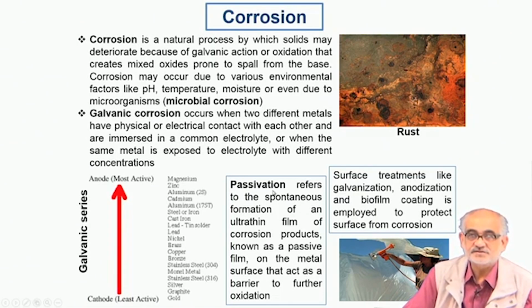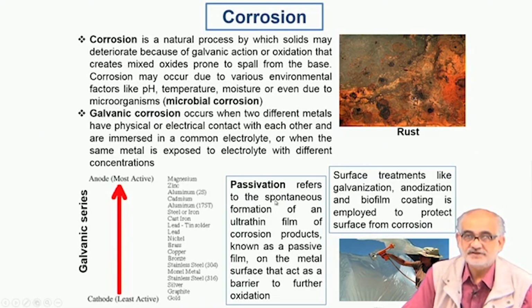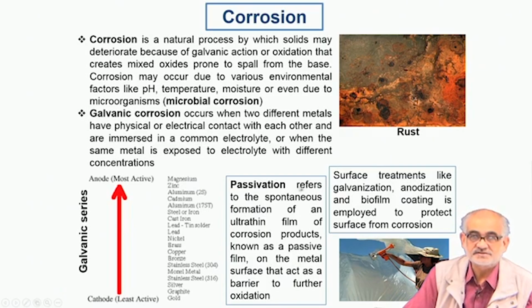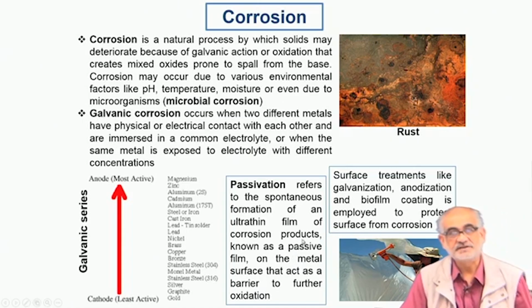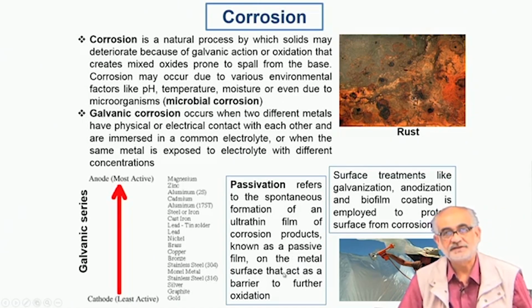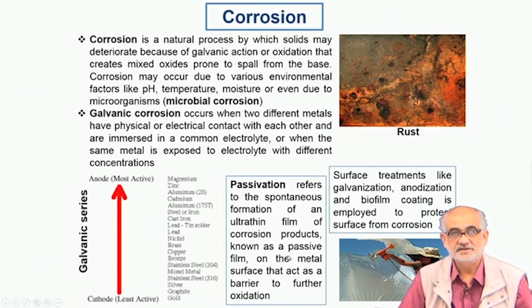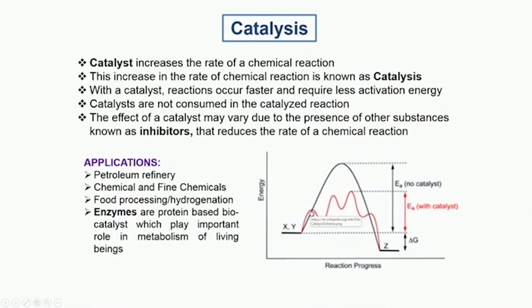The only difference is that this oxide layer has to be very adherent, stable and non-porous, so that further ionic transport across this oxide is prevented or stopped, and hence further degradation cannot take place.